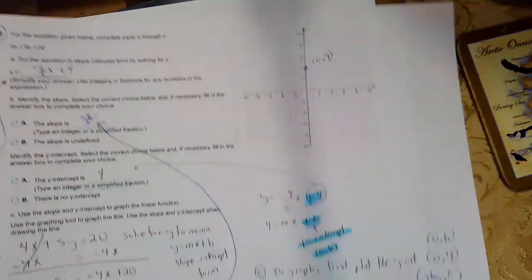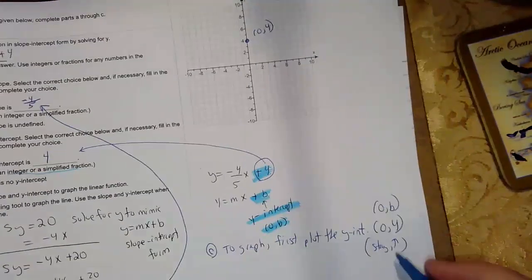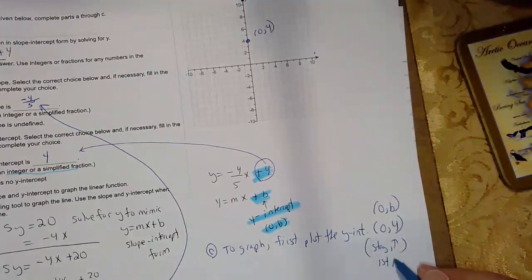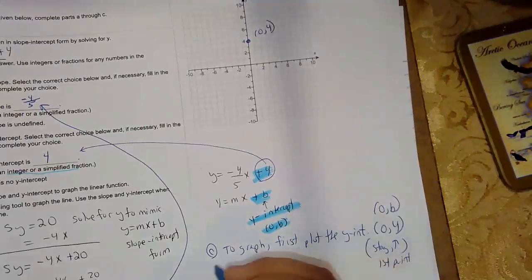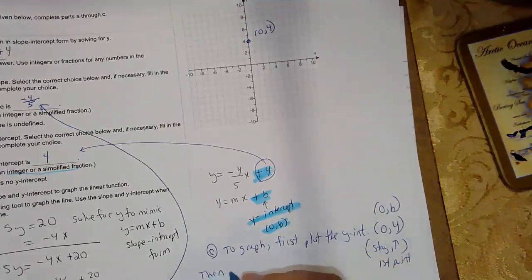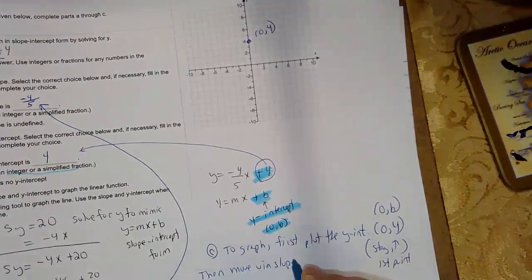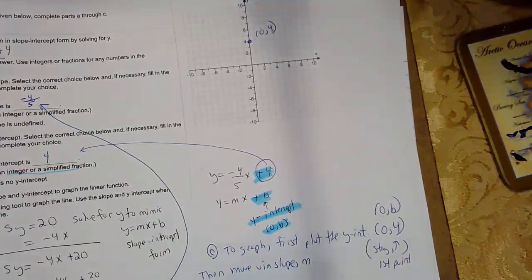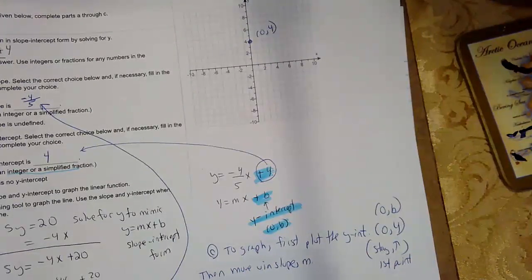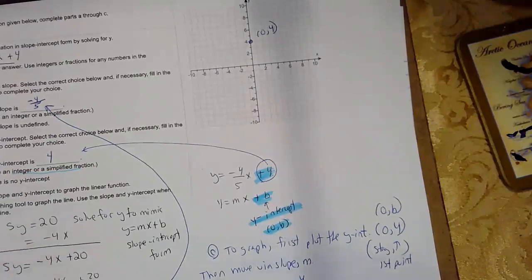And that's your first point. And then you move via your slope, which is m. Remember, m is rise over run. So for us, we have a negative 4/5.